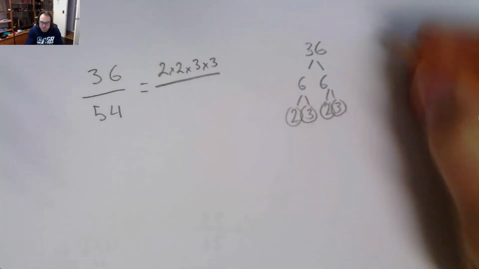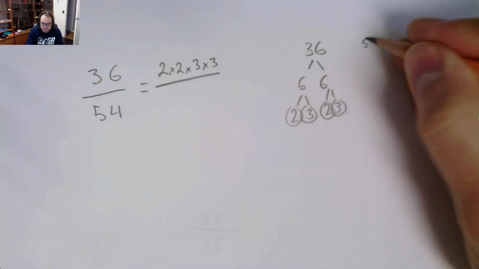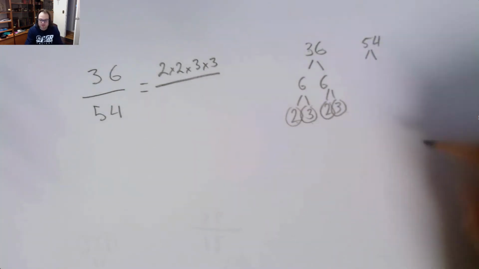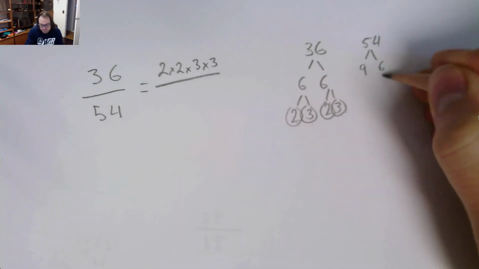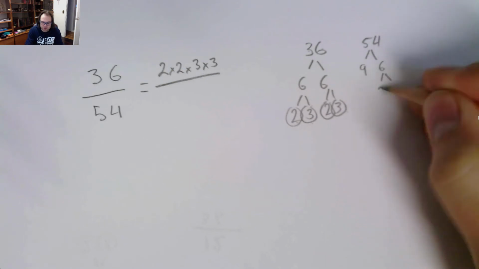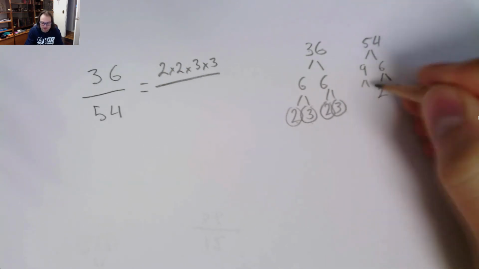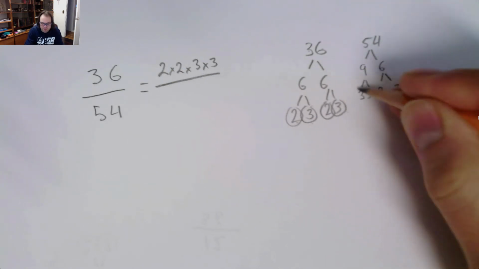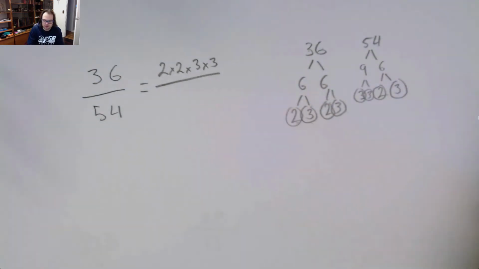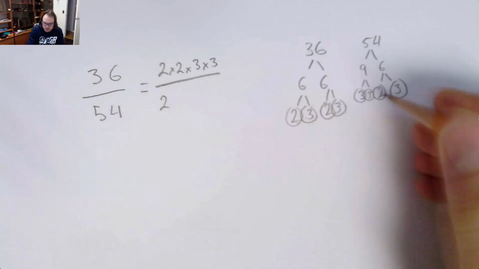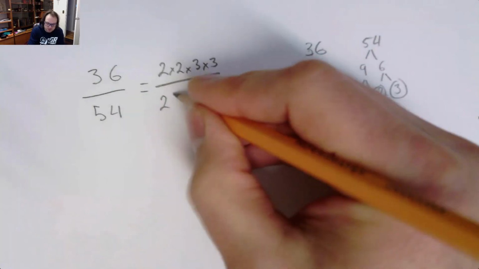Now let's look at 54. 54 is 9 times 6. 6 is 2 times 3. 9 is 3 times 3. Let's circle all the primes. We're going to write this all down underneath. So I have a 2 and 1, 2, 3 3's.